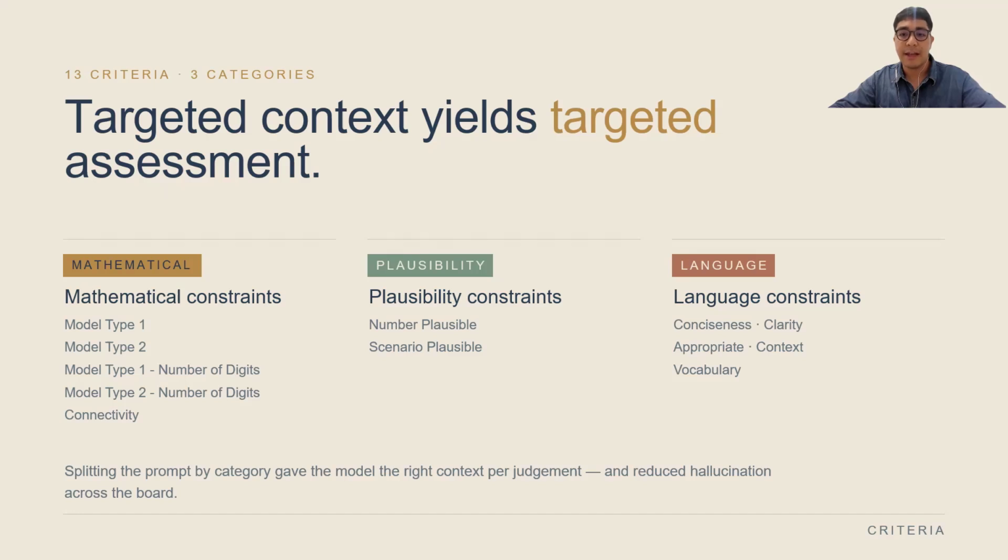And lastly, the language constraints: whether the method problem is concise, whether it has clarity, and whether there is no ambiguous numerical information. Splitting the 13 criteria into these distinct categories let me give the model targeted context for each judgment, which reduced hallucinations substantially.